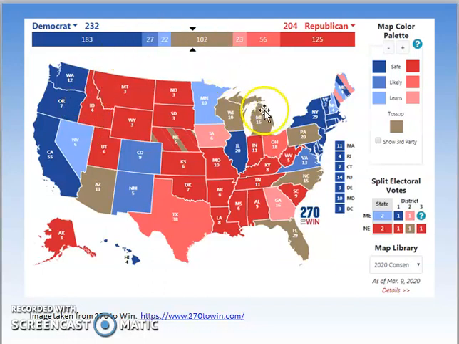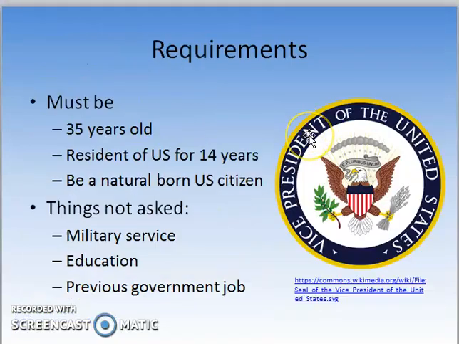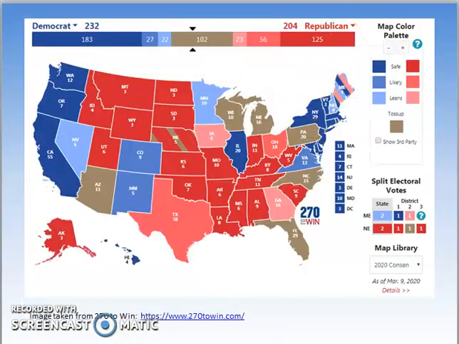Now, this nice brown color, these are toss-up states. You can see North Carolina is one of them. What it means is these are your swing states. These are states that you really can't predict where people are going to vote. So in this election, you better believe that the candidates are going to be coming a lot to these brown states, because you can't predict them.